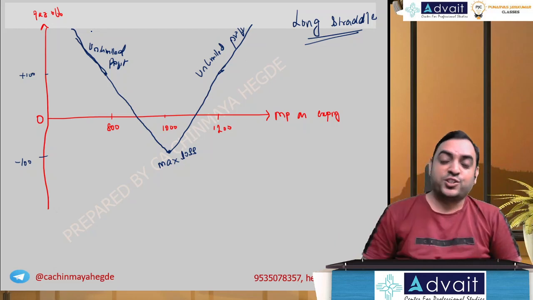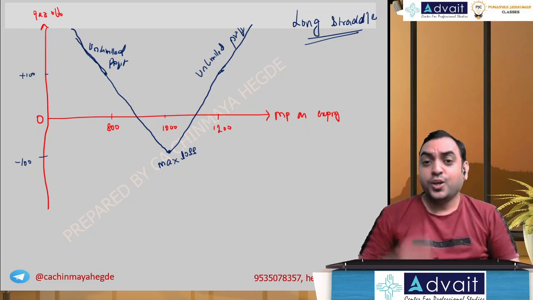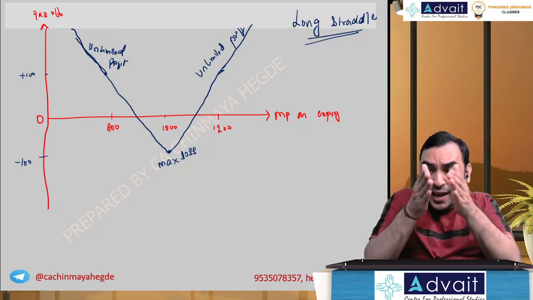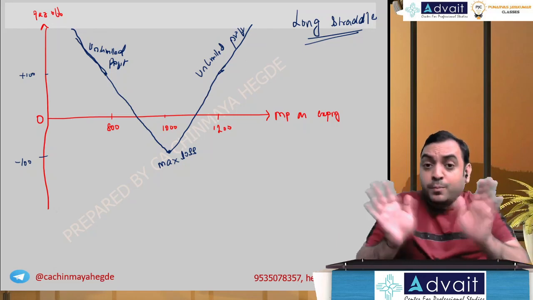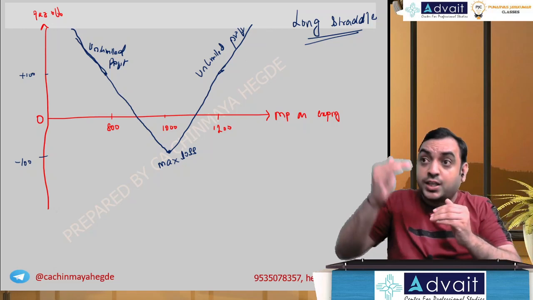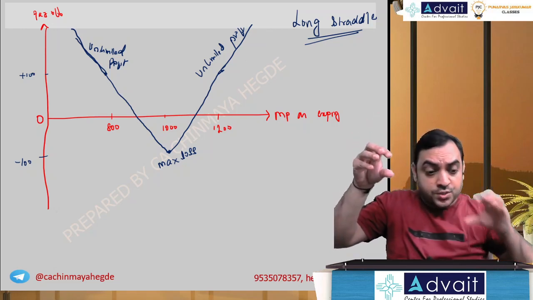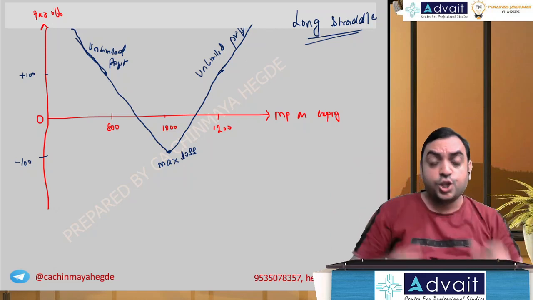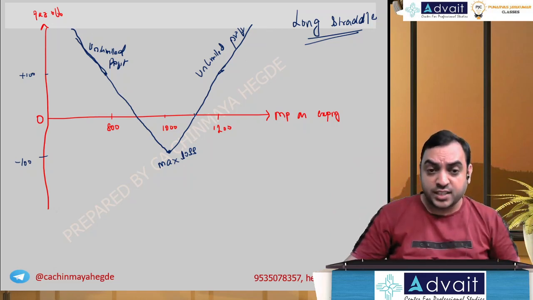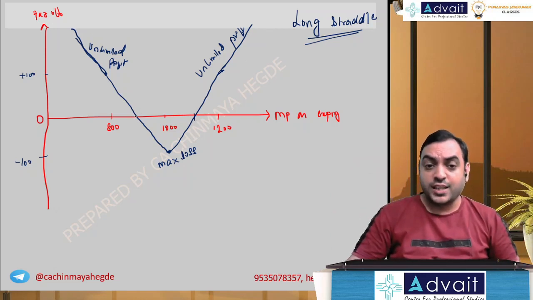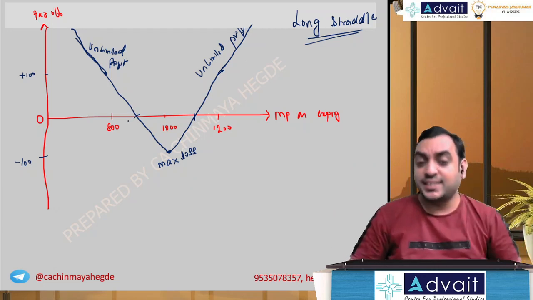Such a beautiful strategy. Try to understand. When will you make profit? If the market remains the same, you don't make profit. If the market moves up drastically, you make profit. If the market price comes down drastically, you make profit. In fact, what is this cutoff point? On the upper side is where the call option is exercised.